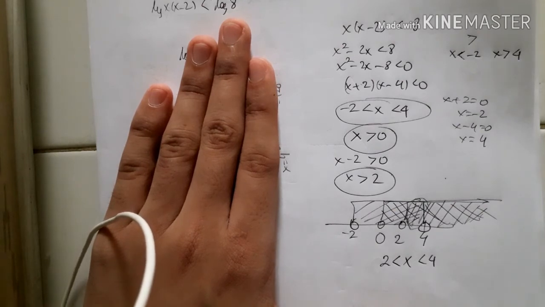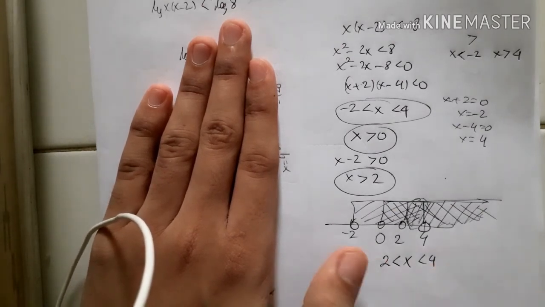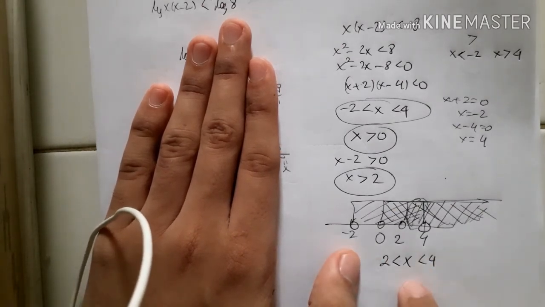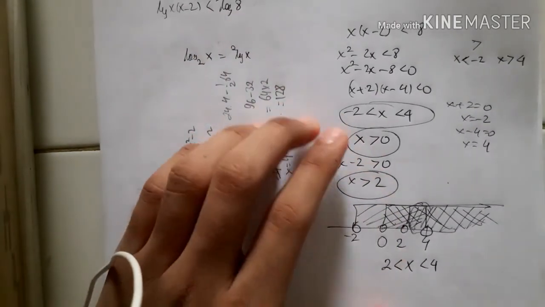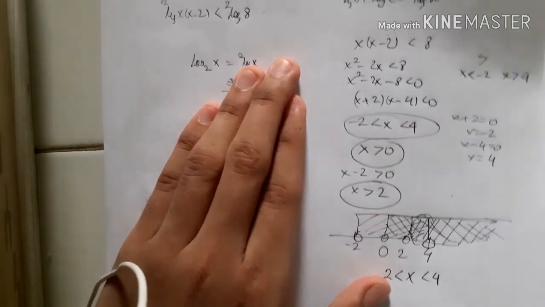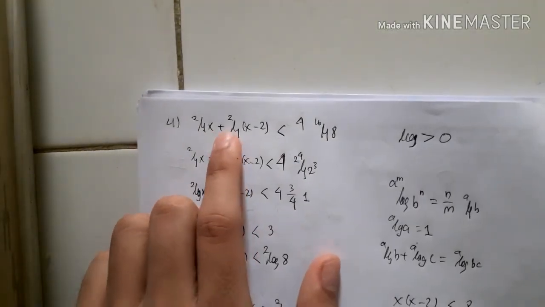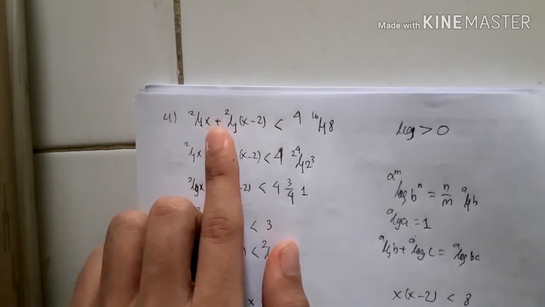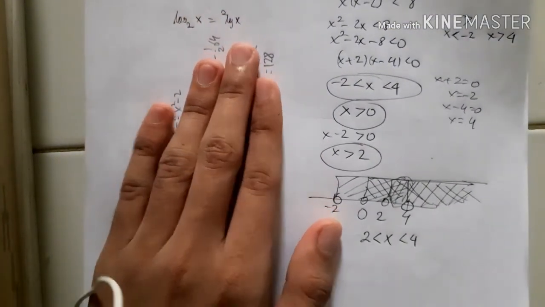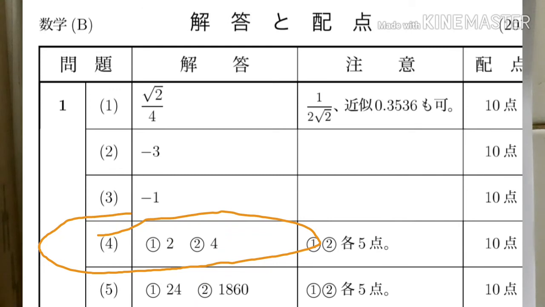And you can see there that for this type of interval, you must make sure that every number inside this interval is able to satisfy this inequality. You might wonder whether it is correct. You can see here at the answer key, mathematics B, part 1 number 4 is 2 and 4.